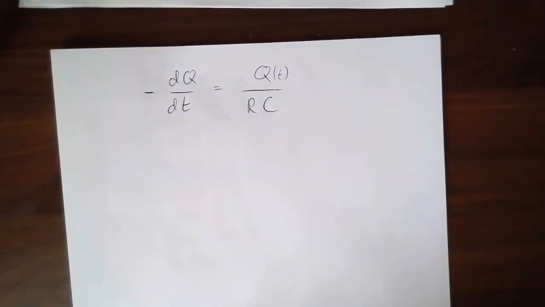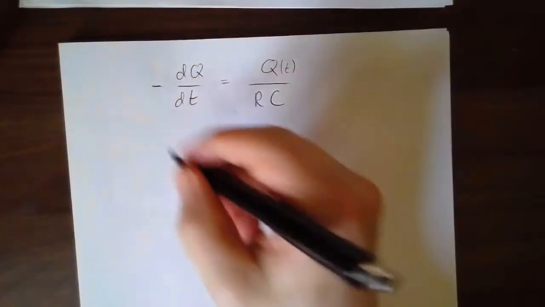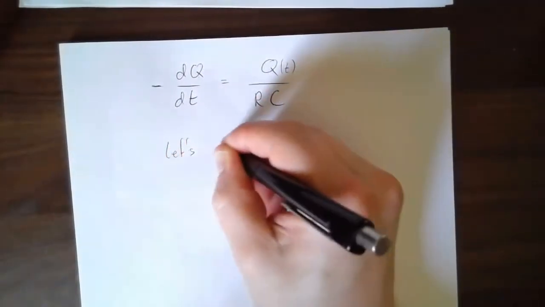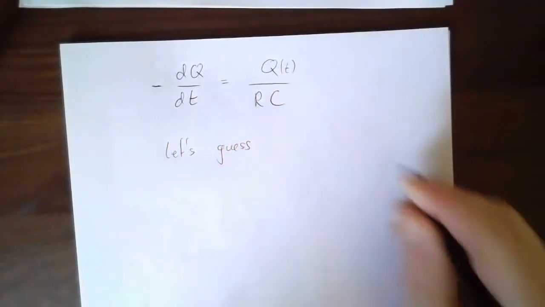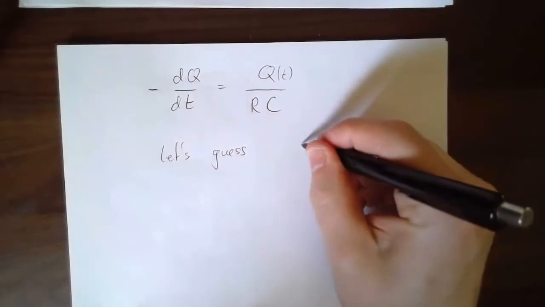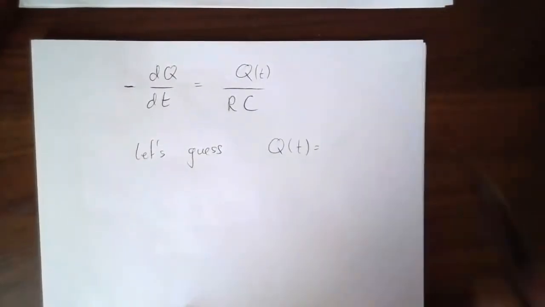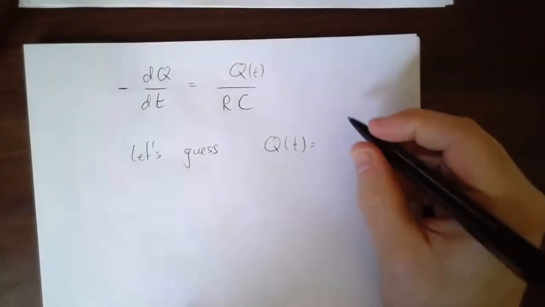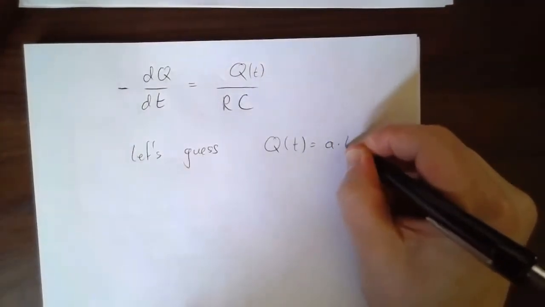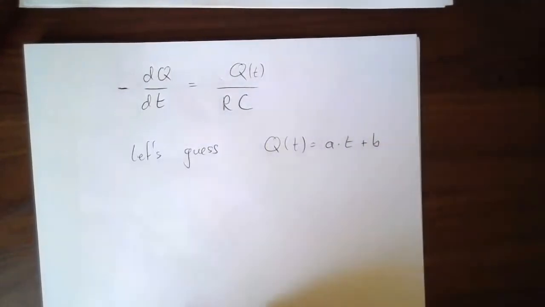Maybe we take a guess. How about we guess? Let's guess. Maybe I'm going to say q, the function of time, is linear. How about we go with at plus b? It's our guess.